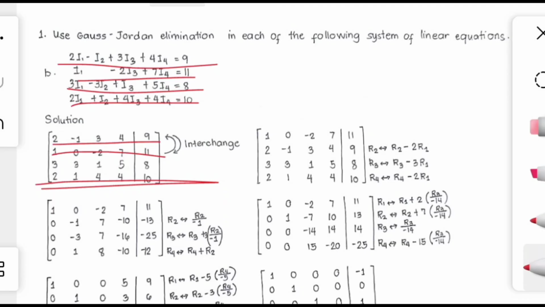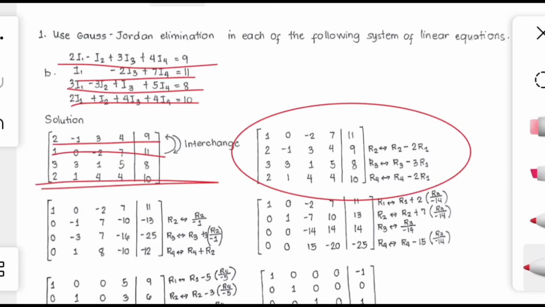And with that, we have here the second matrix: 1, 0, -2, 7, 11, and then 2, -1, 3, 4, 9, and then 3, 3, 1, 5, 8, and then 2, 1, 4, 4, 10, since we have interchanged row 1 and row 2.